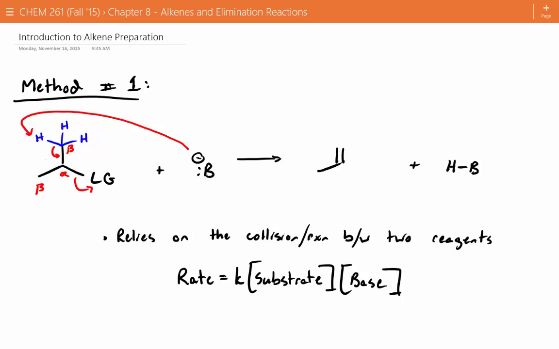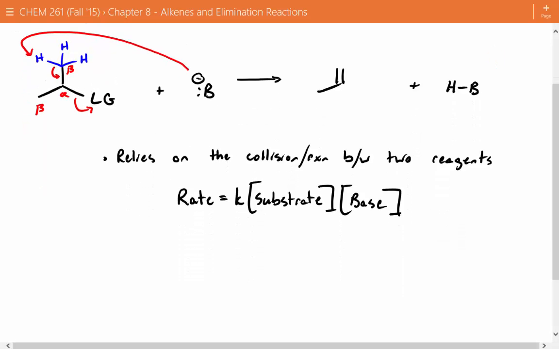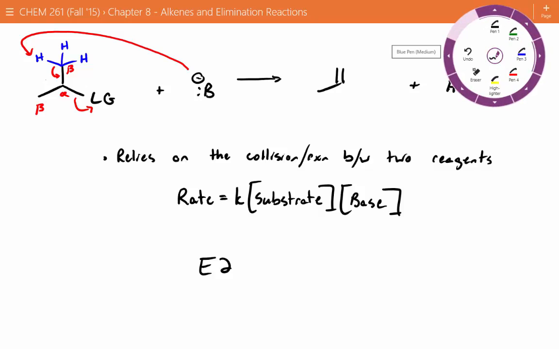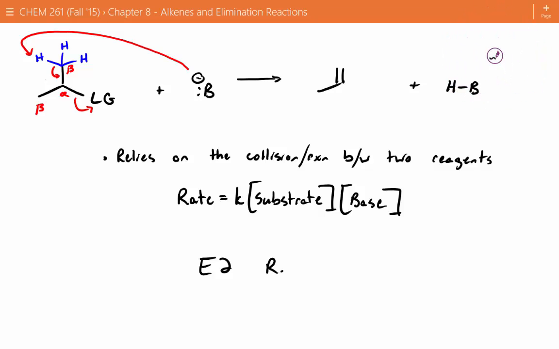Second order. So what we call this sort of reaction is an E2 reaction. The E stands for elimination. The 2 stands for second order.